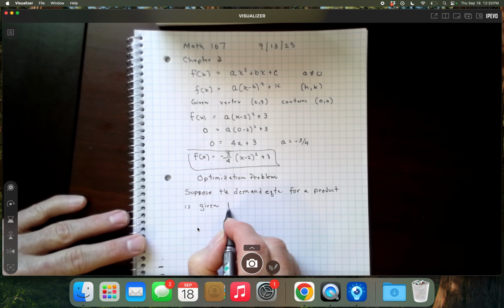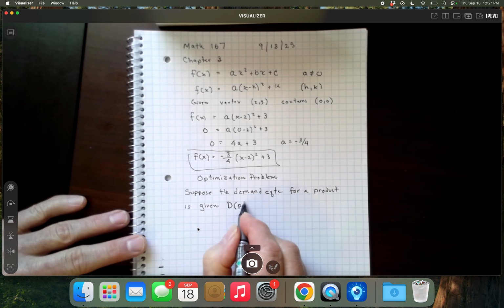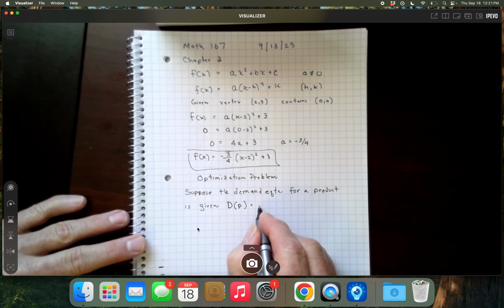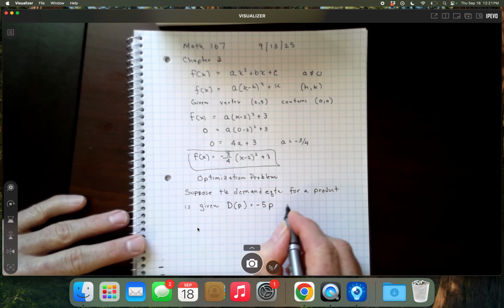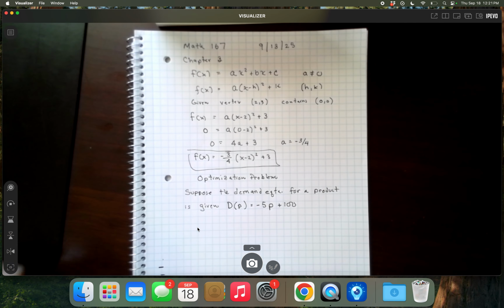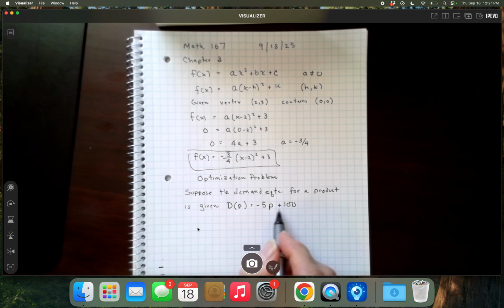So the demand equation for some product is a function of the price, what you sell the product for. And it's going to be equal to, for this particular product, it's determined to be minus 5 times the price plus 100. Okay. So we have this demand equation for some product. Here it is.